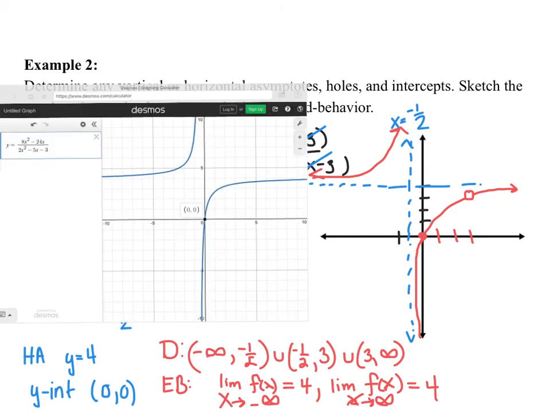So I've just graphed the function in Desmos to see how we did. I think you can see that it looks pretty good. We definitely have a horizontal asymptote at 4. We have one here at negative 1/2. It crosses the x and y axis at the origin.